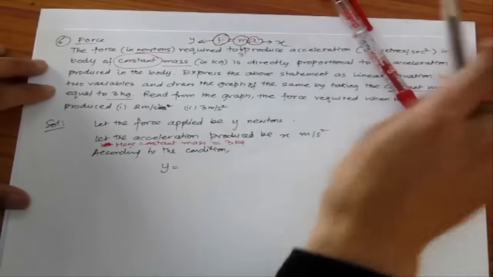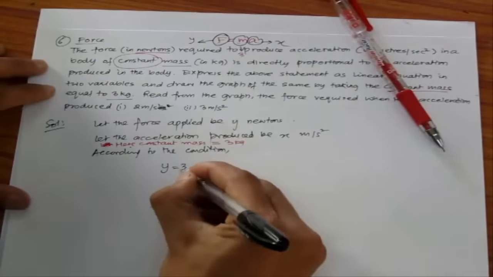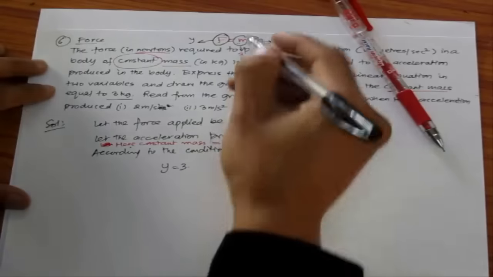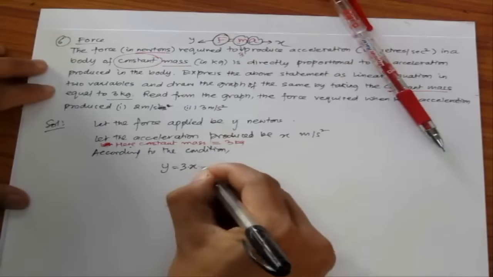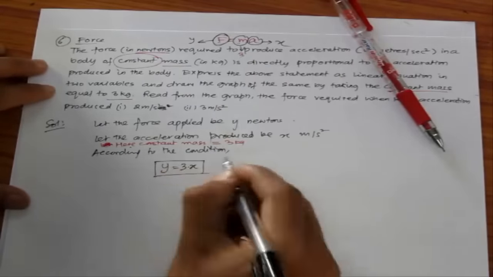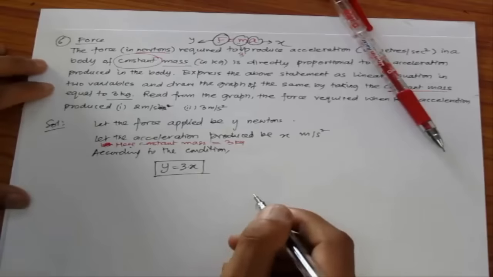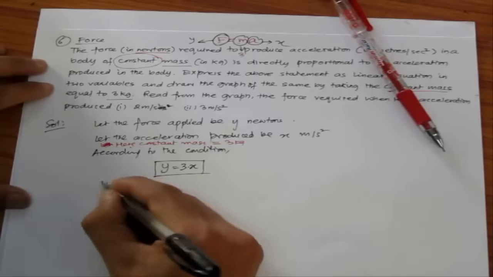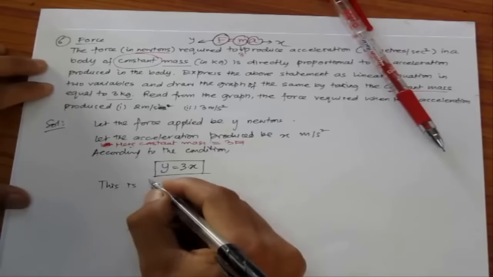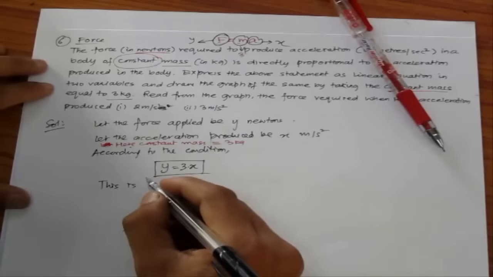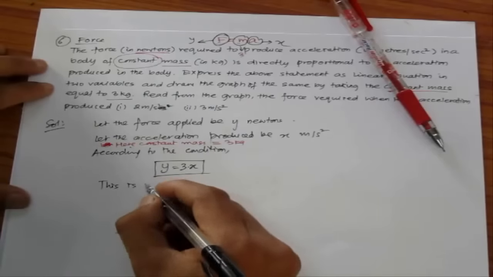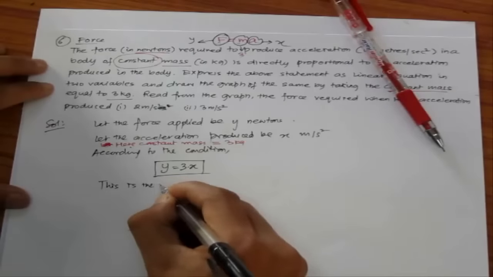So in the place of m, you write 3, and for acceleration we write x. So y equals 3x. So this is the required equation of force. The procedure for solving force and work done problems is exactly the same.